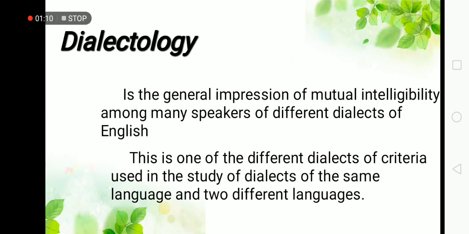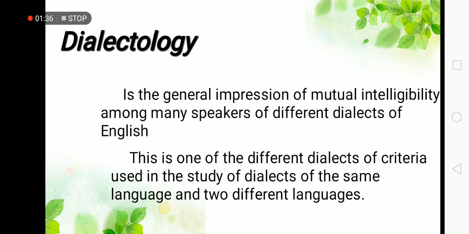Next is dialectology. Dialectology is the general impression of mutual intelligibility among many speakers of different dialects of English. This is one of the criteria used in the study of dialects of the same language and two different languages.